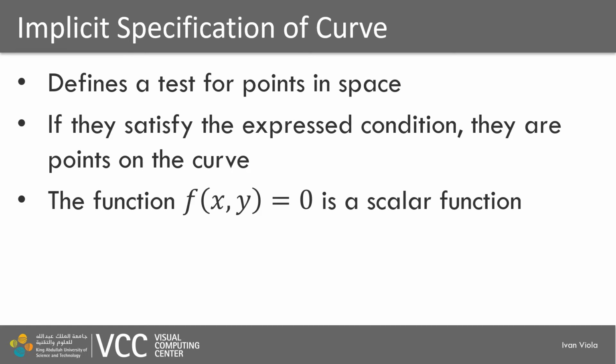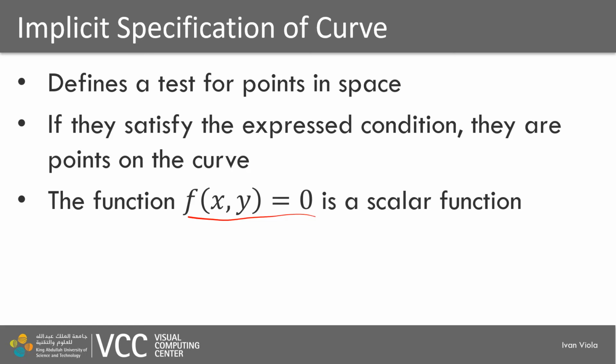We can define curves in various ways. One way to define a curve, and you already know this representation quite well, is an implicit representation of a curve. This means that for a curve which lies in two-dimensional space, we will have an implicit function where the points on the curve will be those which satisfy the following equation.